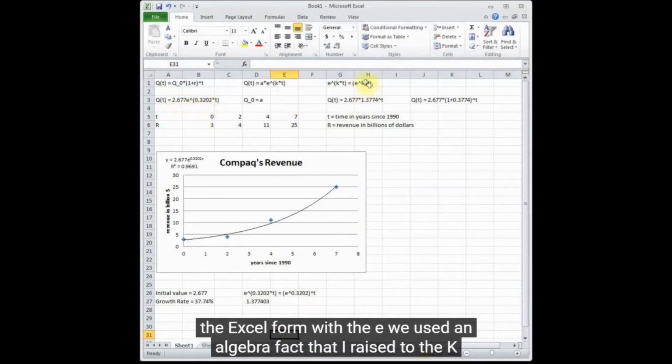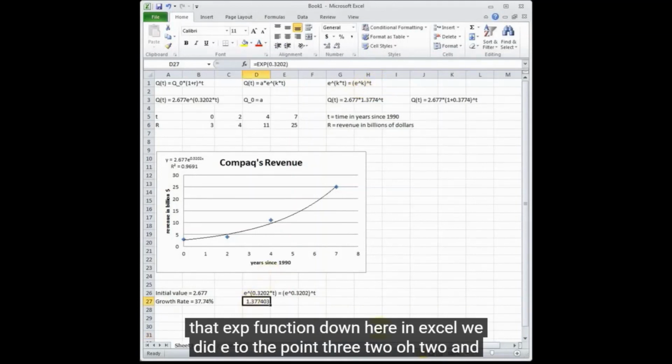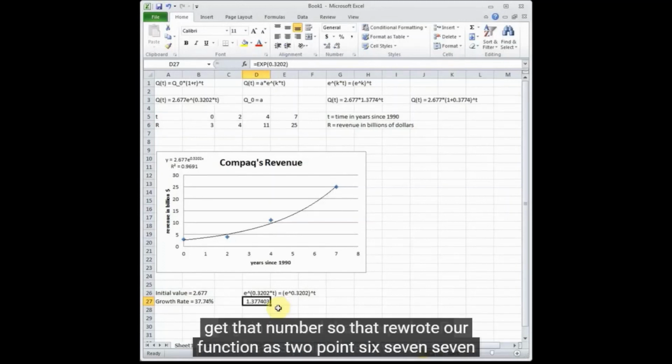So again, what we just did is we converted from the Excel form with the e. We used an algebra fact that e raised to the k times t is equal to e to the k raised to the t. e to the k is a number, so we use that exp function down here in Excel. We did e to the 0.3202, and again in Excel that's equals exp, parenthesis, 0.3202 to get that number.